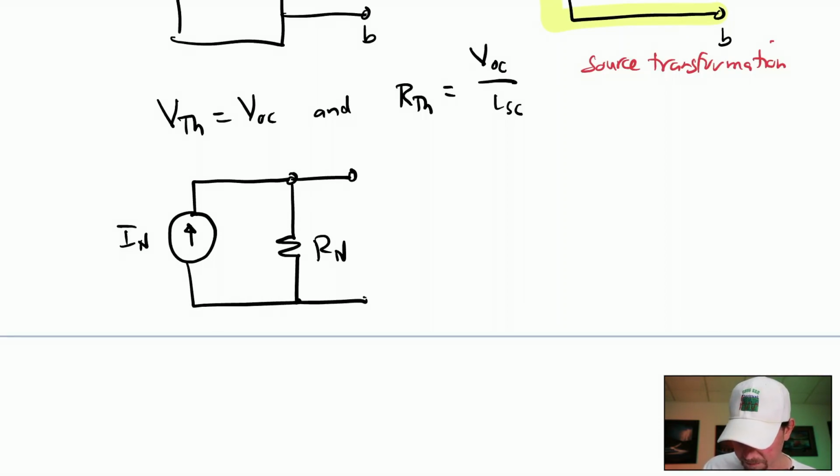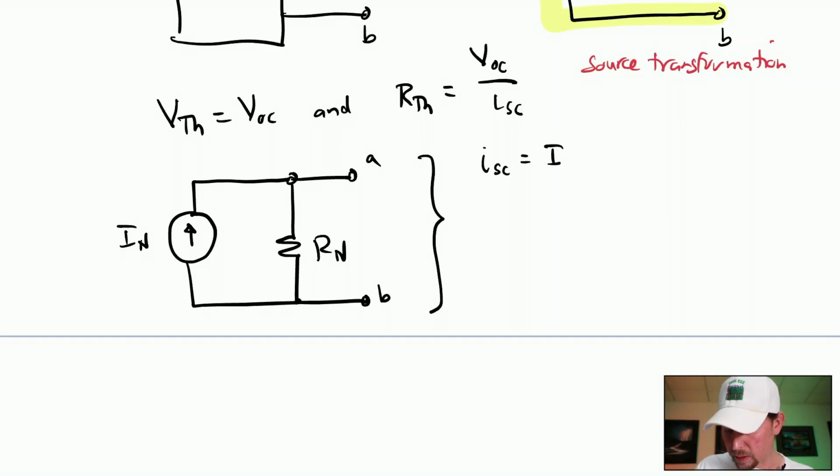On top of that, it can also be shown and argued that if you find the open circuit voltage and the short circuit current using the same type of circuit analysis, then the short circuit current will also equal the Norton current in this network, and the Norton resistance is the same as the Thevenin resistance, which is equal to the open circuit voltage divided by the short circuit current, like this.